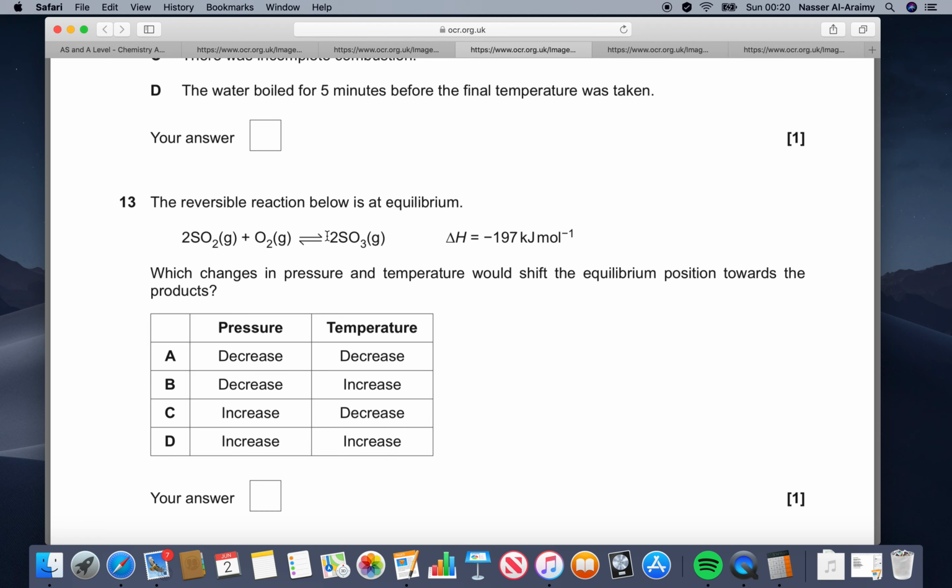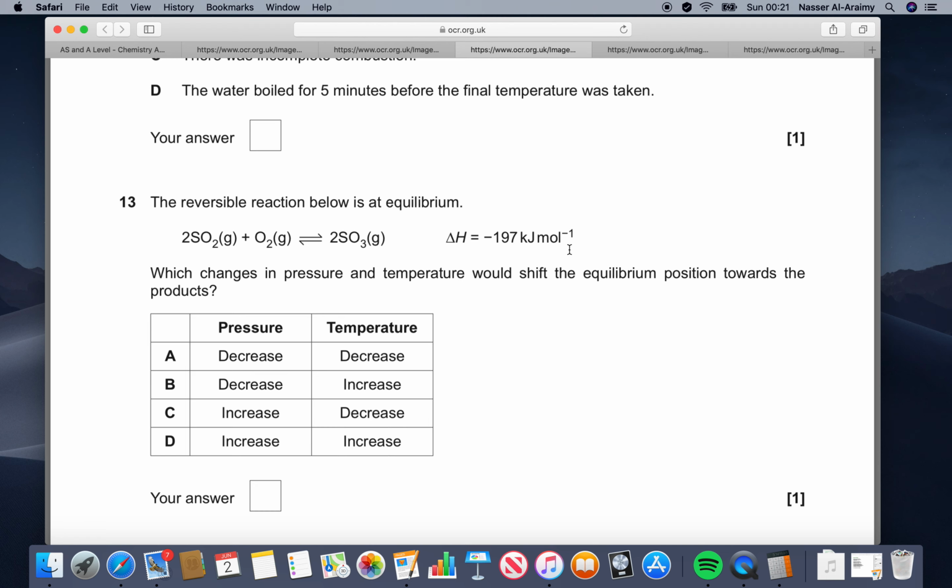So you know that reaction is exothermic. Exothermic obviously releases heat to the environment, releases energy to the environment.